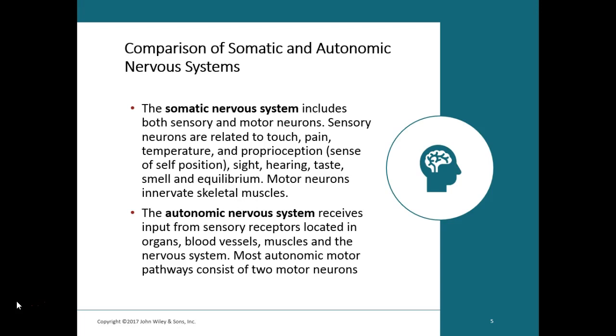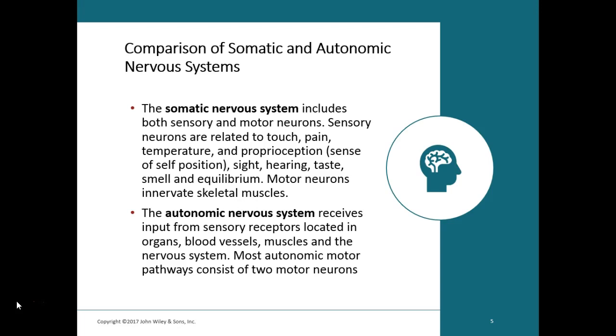These tissues are often referred to as visceral effectors, because viscera means that they are associated with the internal organs. The autonomic nervous system consists of autonomic motor neurons that regulate visceral activities by increasing, or exciting, or decreasing, inhibiting, ongoing activities in tissues such as the cardiac or smooth muscle and the glands.